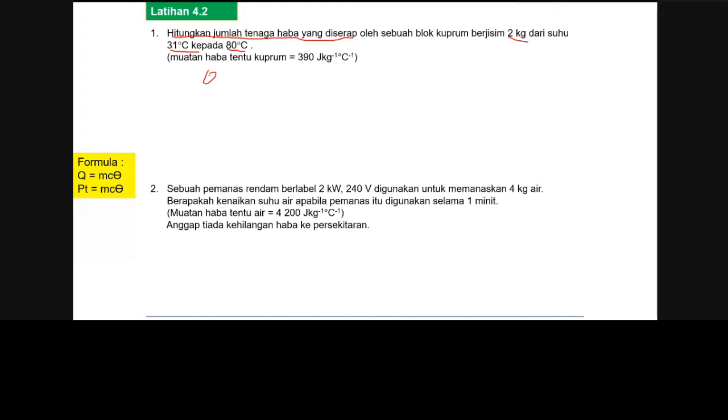Q equals mc theta. 2 times 49 times 390. This is very straightforward. Usually in the exam, if they want to trick you, they will give the mass in grams, let's say 200 grams. Those who forget will directly put the mass as 200. You should convert to kg.